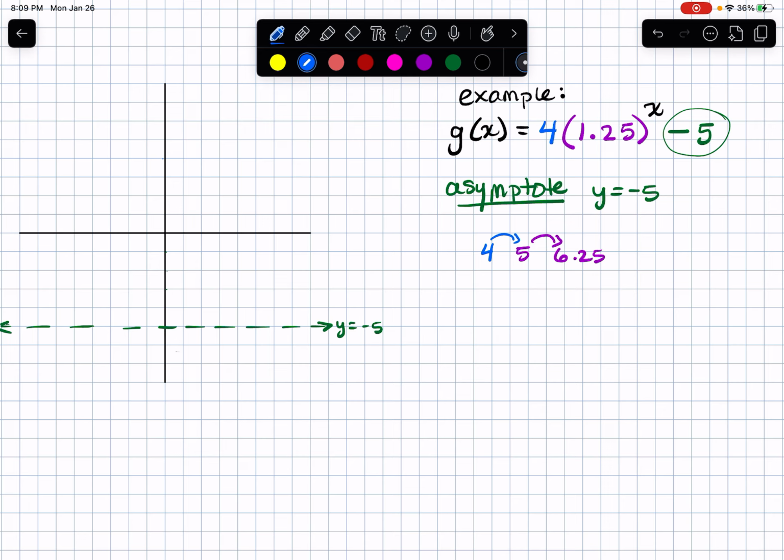Those values would be up here, but all of them are also going to drop down 5. So my initial value is 4 above my asymptote. And then my exponential curve is going to behave like that.